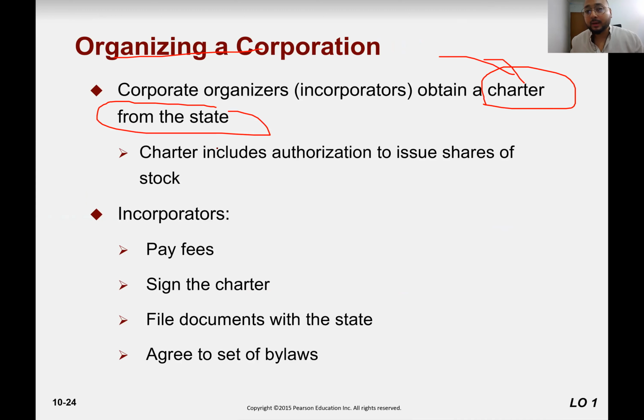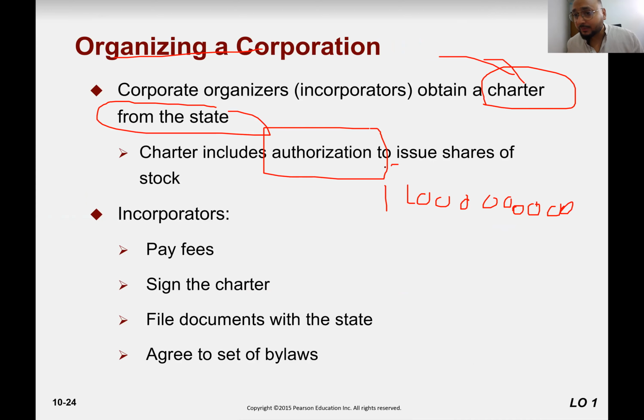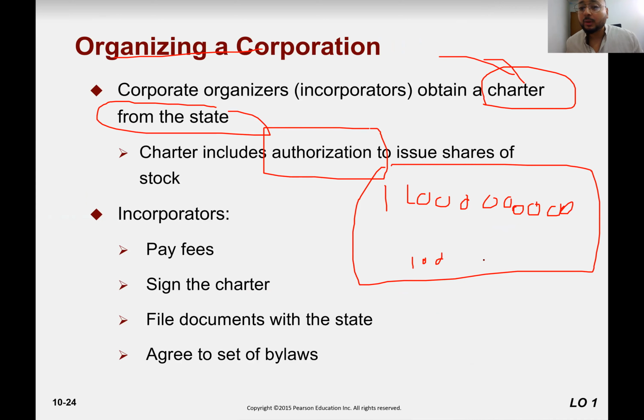Similarly, you need to obtain authorization of the shares. That is, how much is the maximum number of shares you can issue? Authorized. For example, 1 billion shares. The company in its lifetime can only issue 1 billion shares, not more than that. Maybe the paid up capital, the company only issued 10 million.